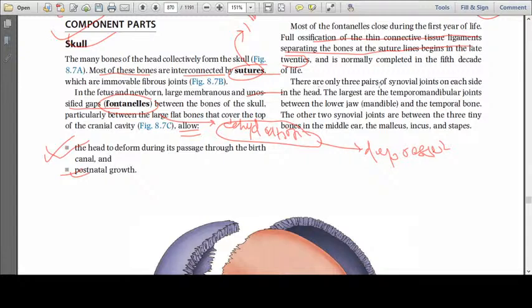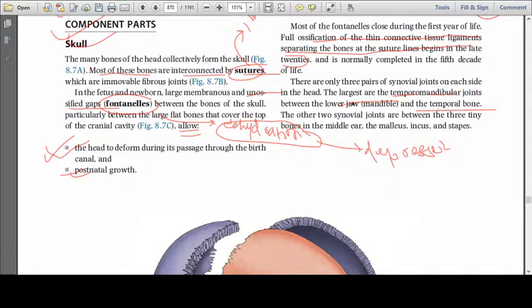There are only three pairs of synovial joints in the head. The first is the temporomandibular joint. Yes, that is a synovial joint, between the lower jaw, the mandible, and the temporal bone.